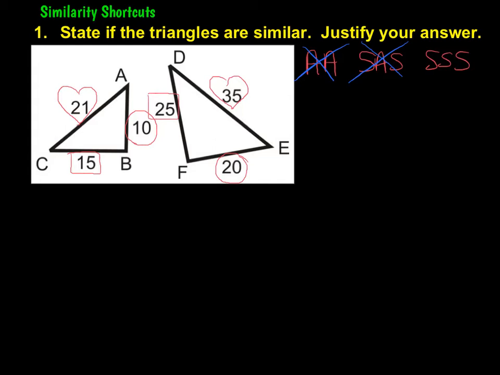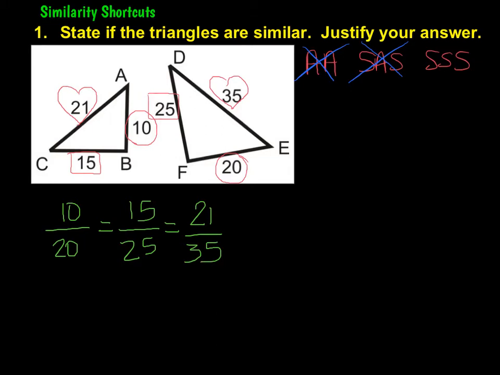So we know that 10 goes with 20. And 15, we're going to start back with the smaller triangle since we started with the 10. We have to go to the 15. 15 will correspond with 25. And 21 to 35.